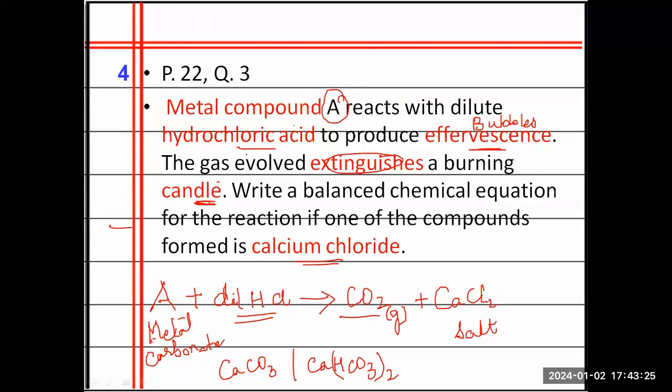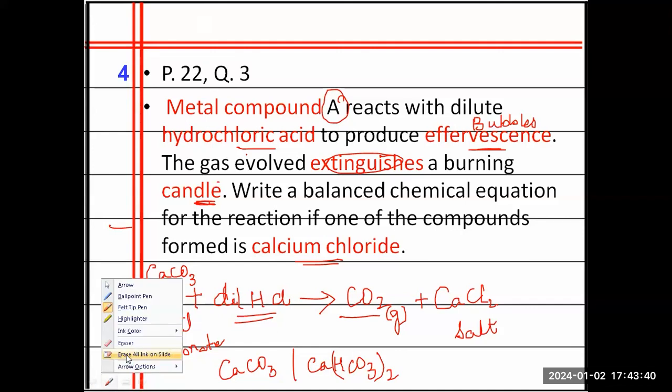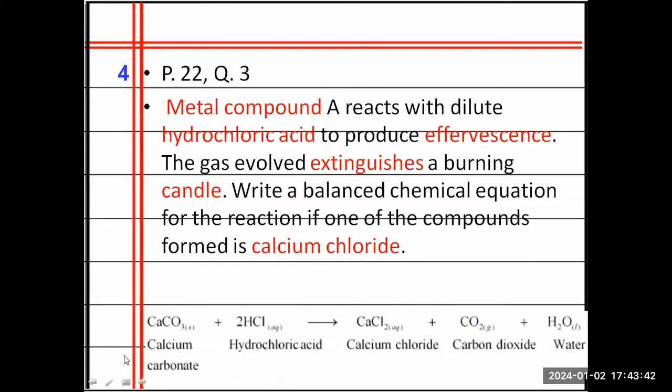So the question was you have to identify this and write the balanced equation. So you can replace A with calcium carbonate and balancing can be done later on. So this is how these kind of questions can be solved. They could have extended the question asking you what is the third product formed here. So that is water.